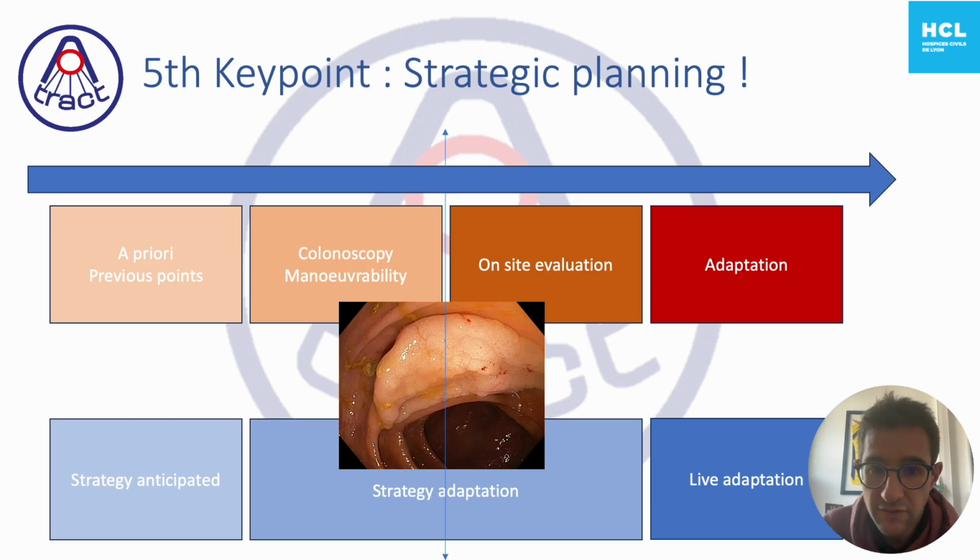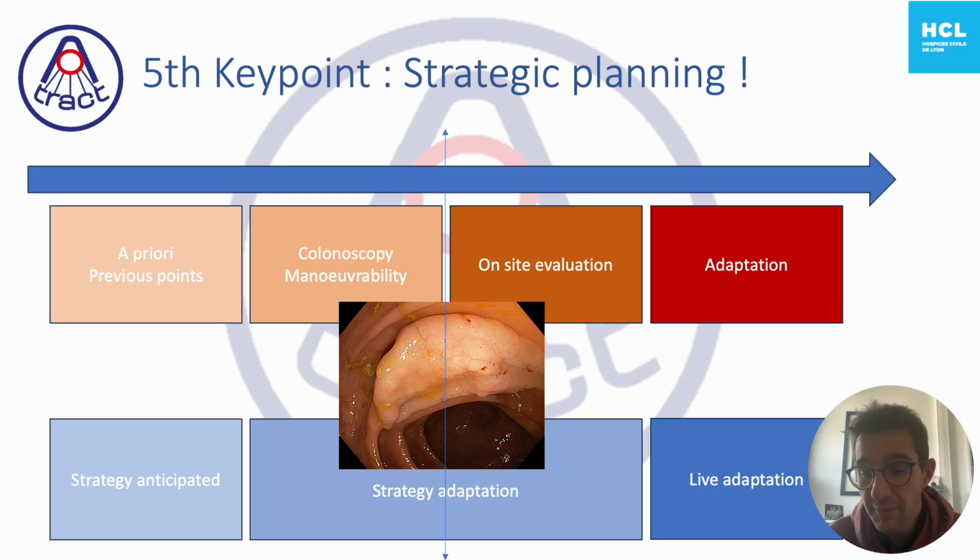Fifth key point is the strategic planning. I mean, you will try a priori to schedule your procedure. You will anticipate because of the pictures you received, because of the location, the size, everything. Then you will do your colonoscopy and adapt yourself to the maneuverability. On-site evaluation will help you to decide the good strategy for this lesion.